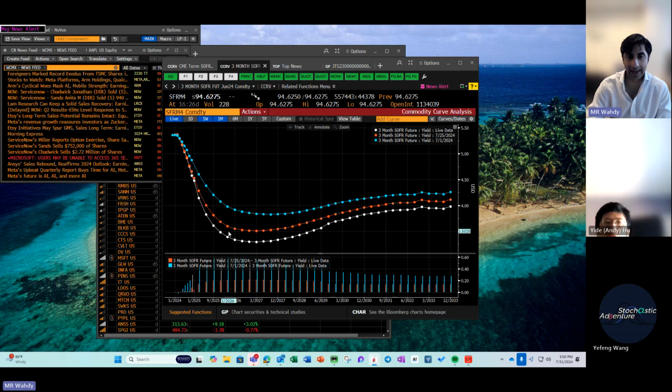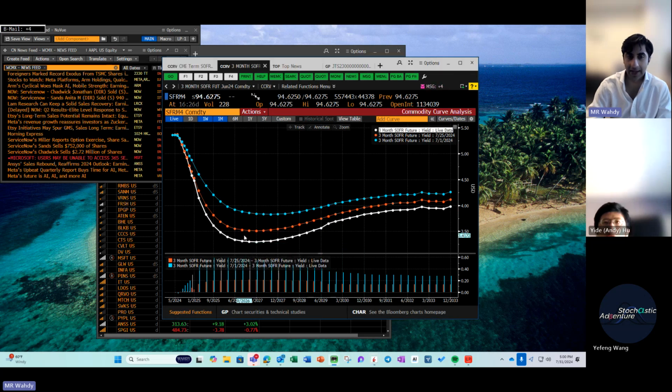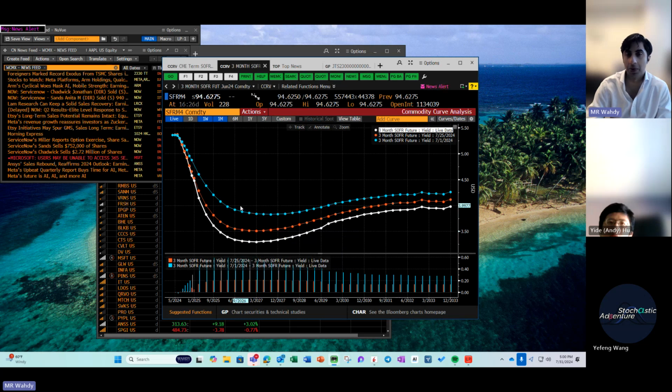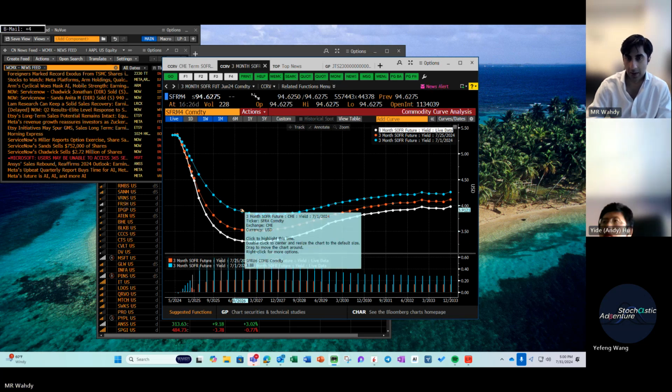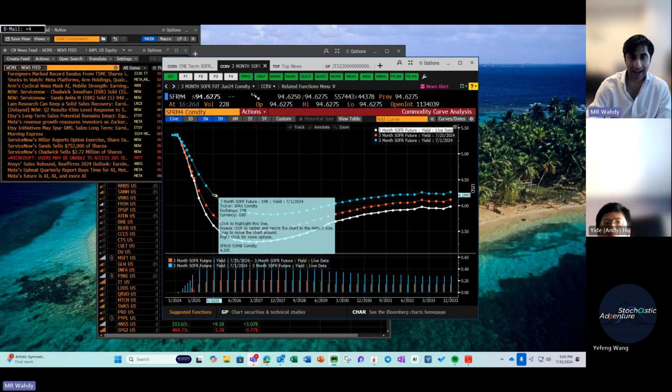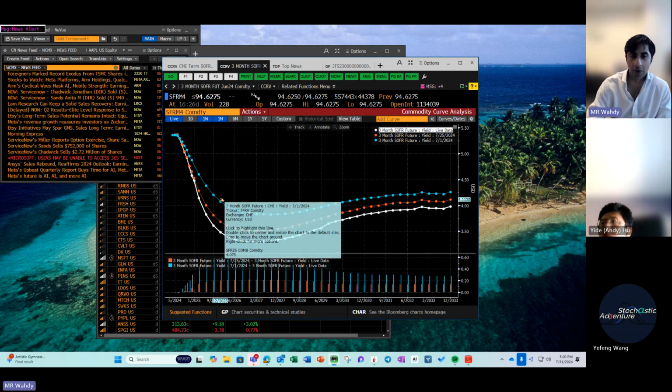The white line is today, the orange line was last week, and the blue line was a month ago. So you can see how the view has moved substantially. A month ago, the 2025 view was that rates were going to be in line with SEP.